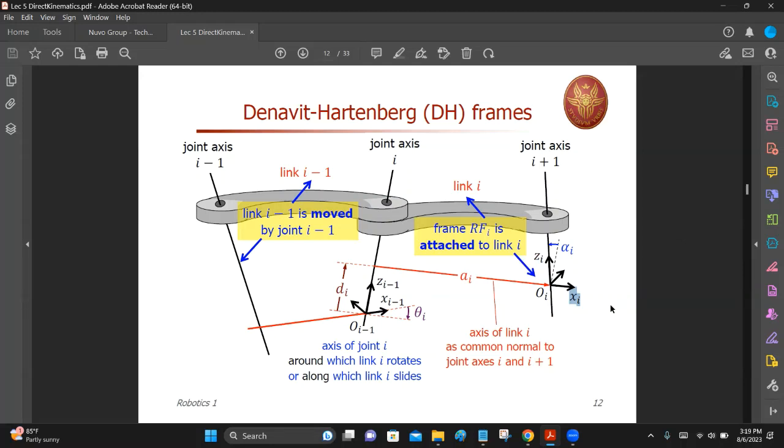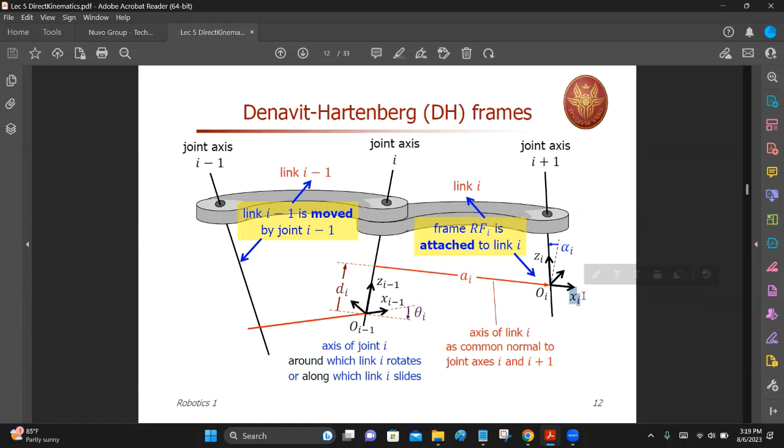Now, if you take the first rotation and translation, they're both with respect to zi minus 1, and the latter translation and rotation are with respect to xi.